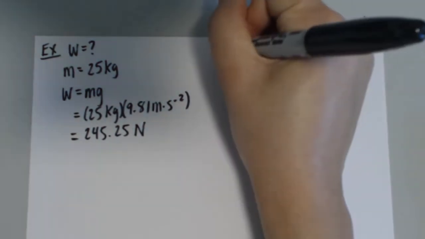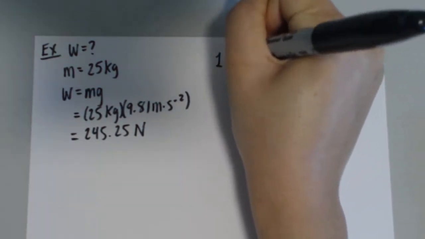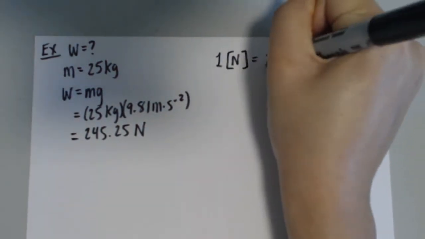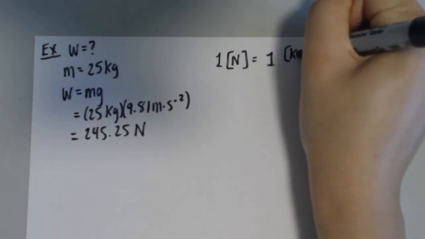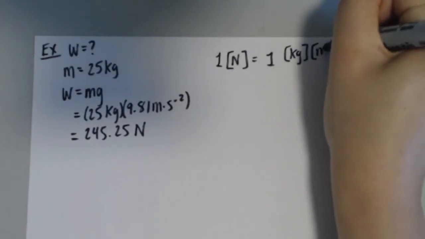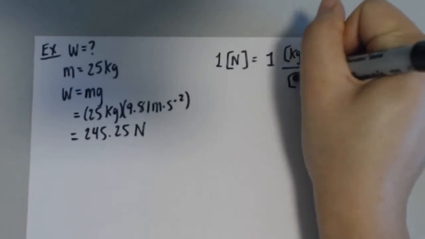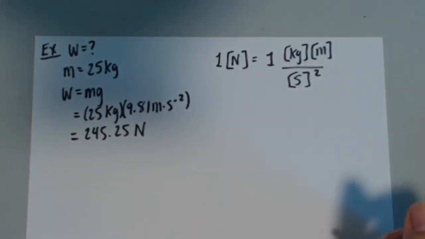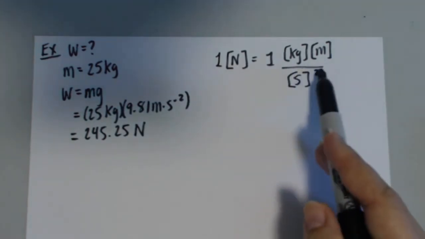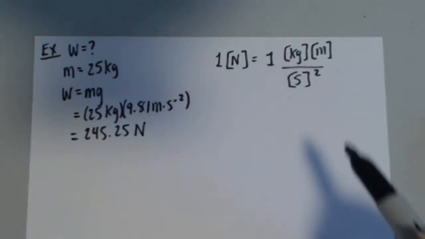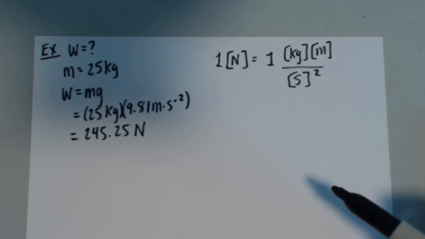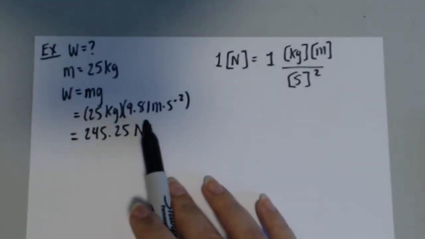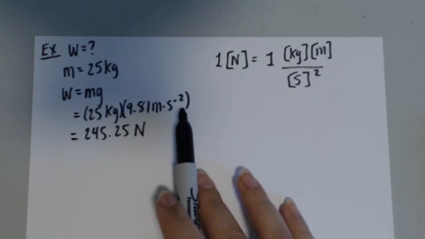And so in reality, what I want to show you is that 1 Newton is equal to 1 kilogram meter per second squared. So a kilogram meter per second squared is 1 Newton. We don't want to write kilogram meter per second squared all the time, so we just abbreviate it as capital N.